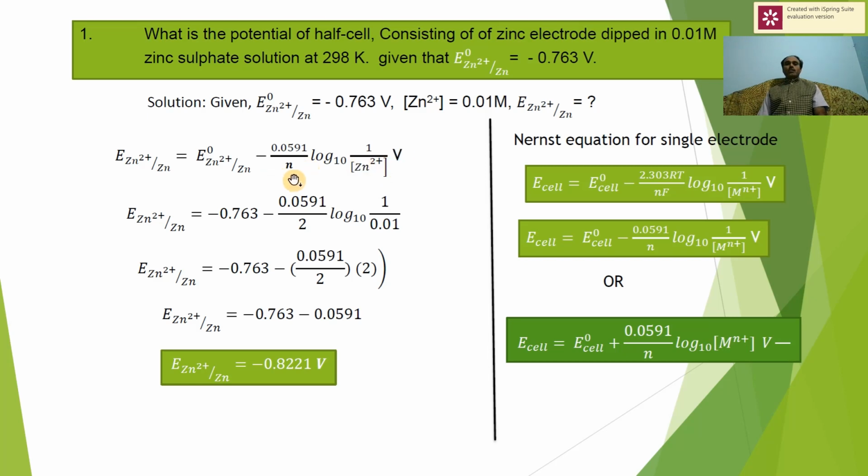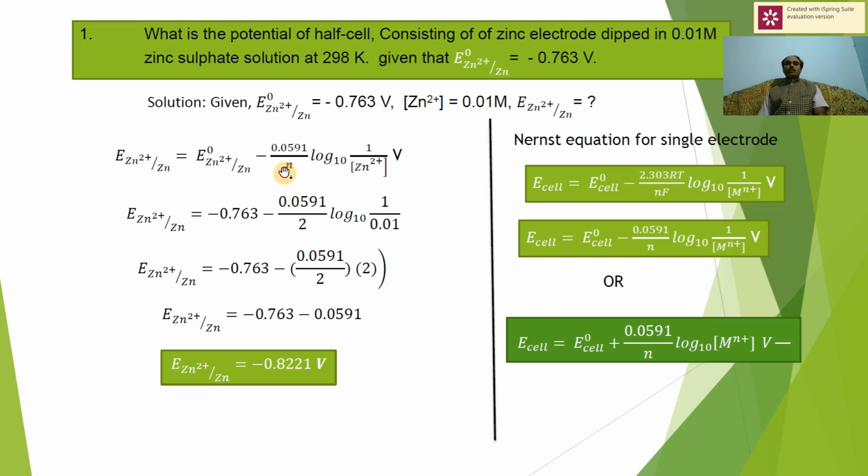Now in this formula, what are the quantities which we have already written in the given data? Standard reduction potential of zinc is there, that is minus 0.763 volt, that you can write here. And molar concentration of Zn2+ is in the denominator, that is given, that is 0.01 molar, that you can write here.